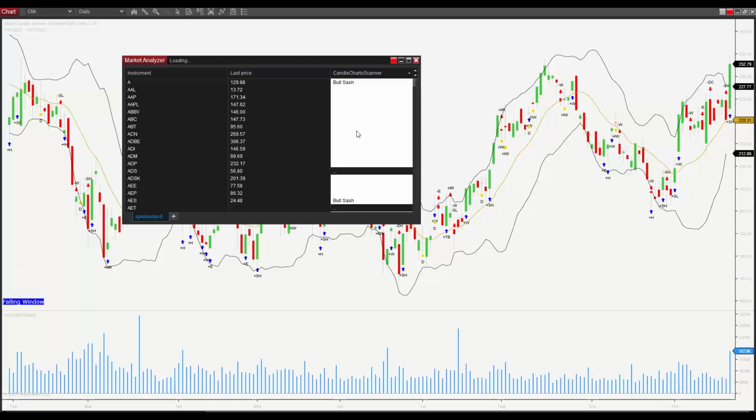If I'm in India and I want to scan all the stocks in the Nifty, I can do that. If I'm in Australia, same idea. If I'm trading Forex or Bitcoin or cryptos in general, or futures or commodities, it can all work. So there is no limit on what you can scan for.